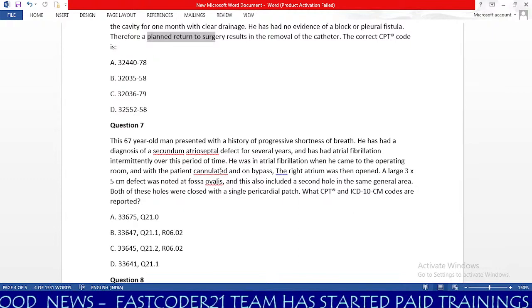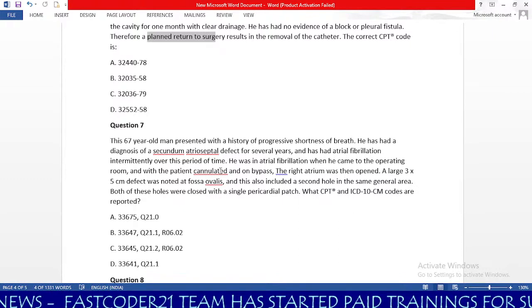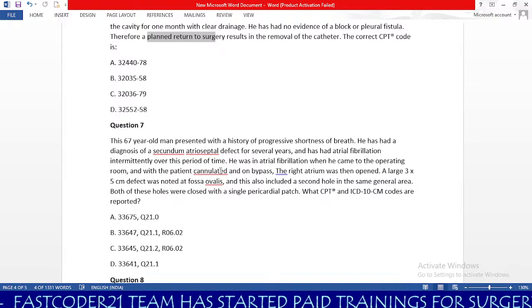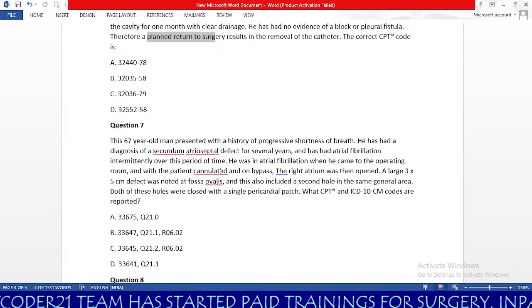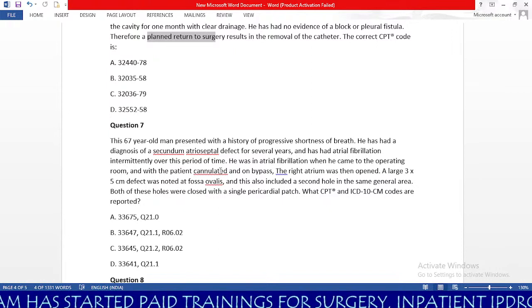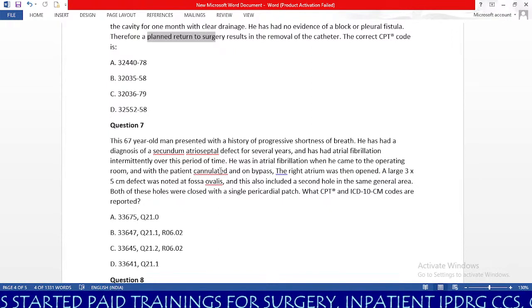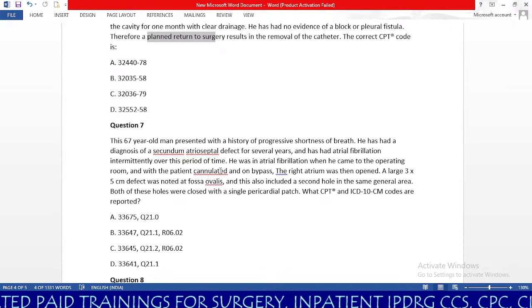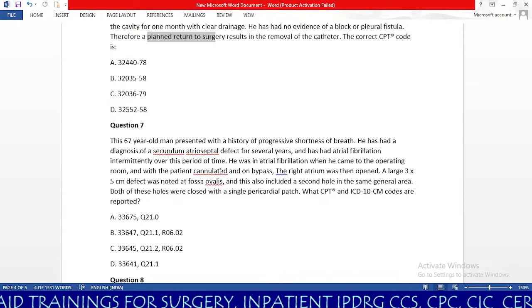Basically, the physician is telling us it's a planned procedure. So in the future, whenever you see a planned procedure or staged procedure, you need to add the 58 modifier. So you have 1 more minute.